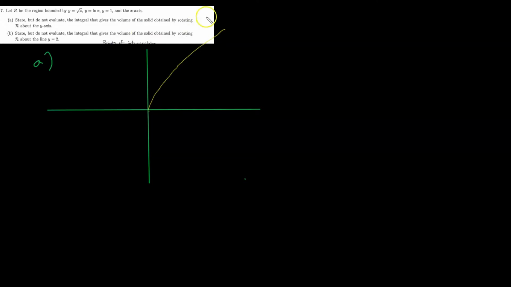Let me call this y equals root x. And then ln x crosses the x-axis at 1, and it has a similar shape to root x. And then we have y equals 1, which is just a straight line here. So the region bounded by these three plots and the x-axis would be the following region.